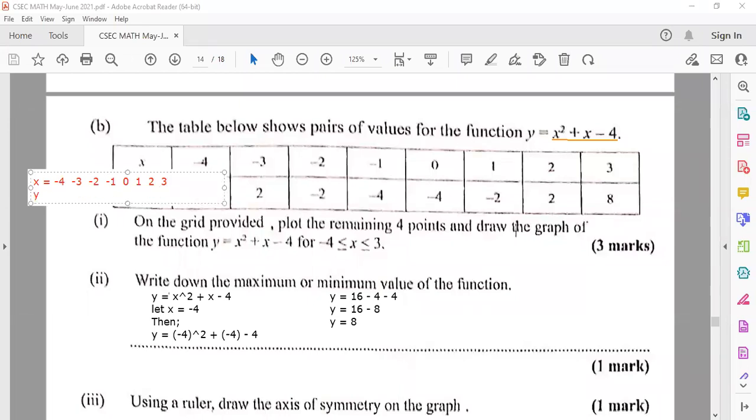The values of y are 8, 2, -2, -4, -4, -2, and 8.